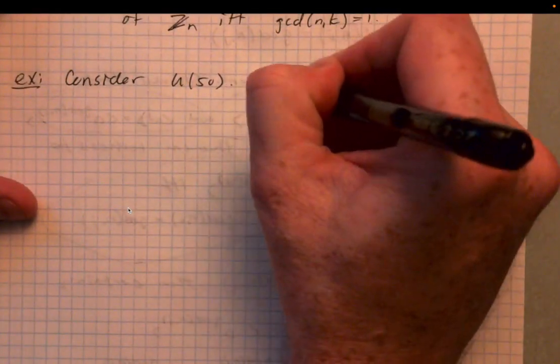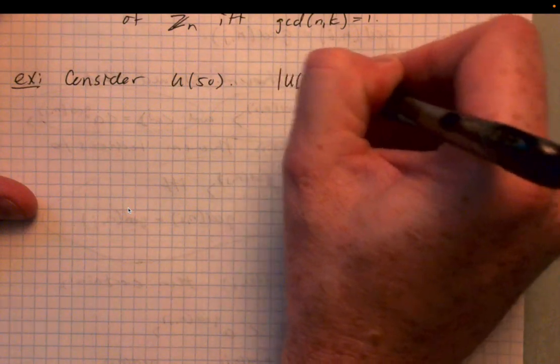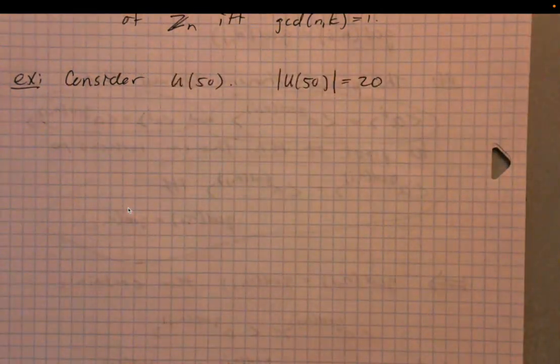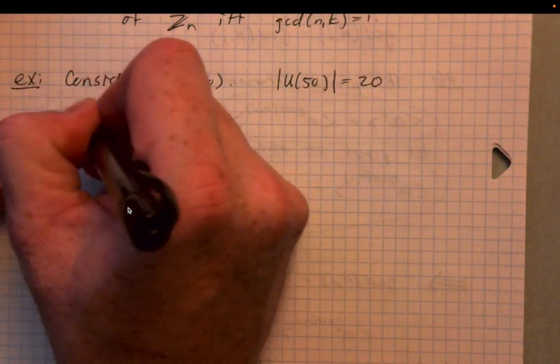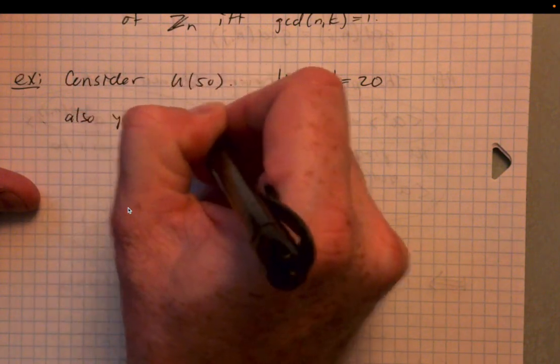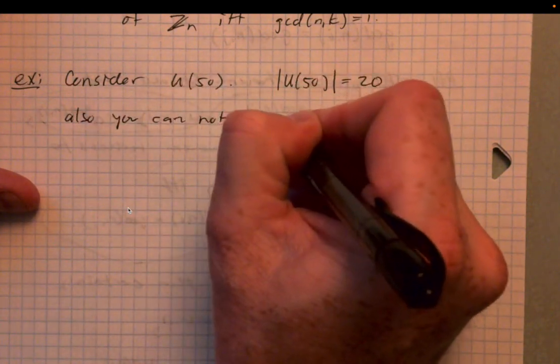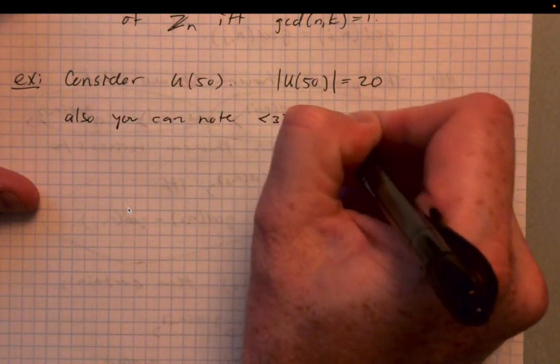But I'm not going to list all the elements, but it can be done. And if you do this, you'll see that the order of U50 is 20. There's 20 elements in U50. And one of the things you'll be able to see also is that 3 is a generator of U50.